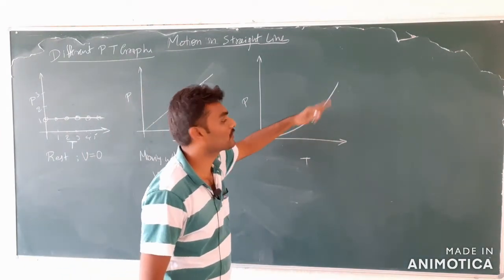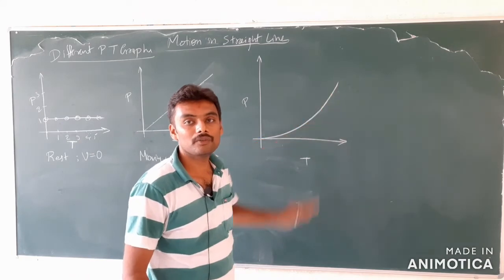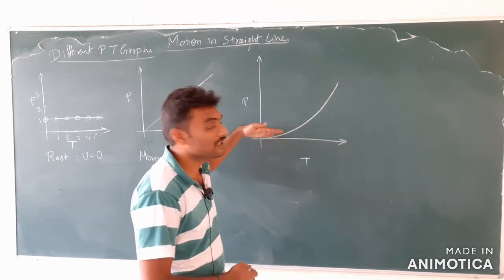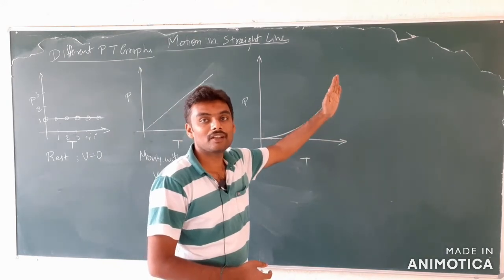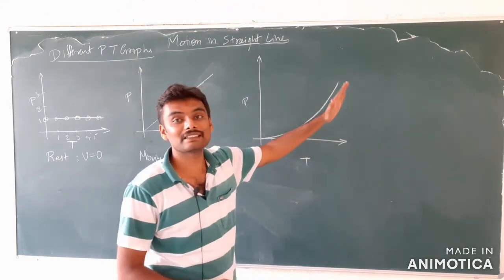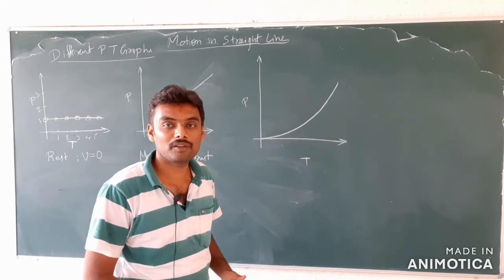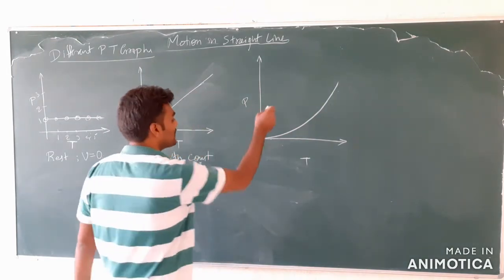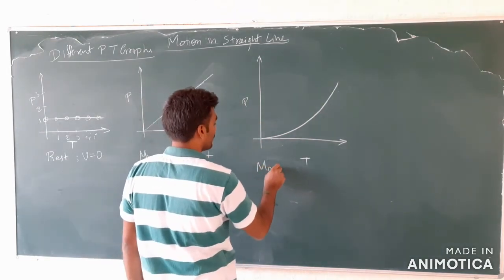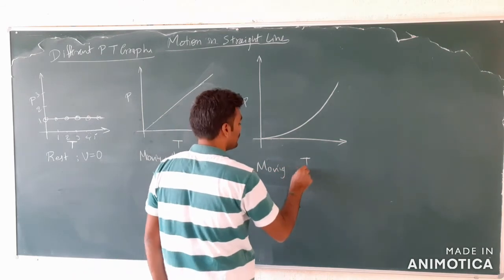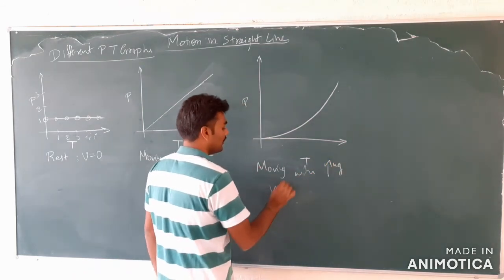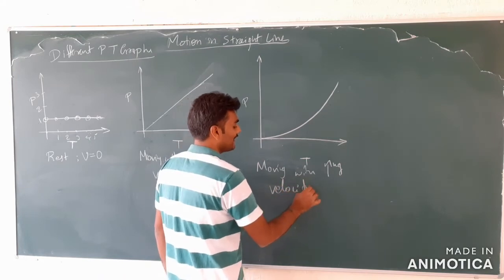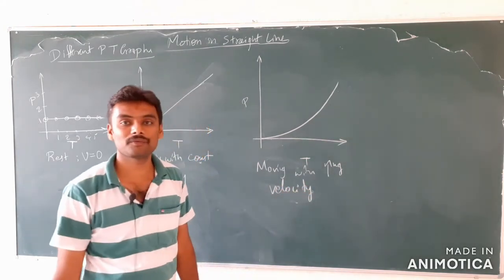As we move ahead, slope is more, which means initially the velocity was less, and as the graph moves ahead, the velocity increases. Following? So this is the motion where the body is moving with increasing velocity.